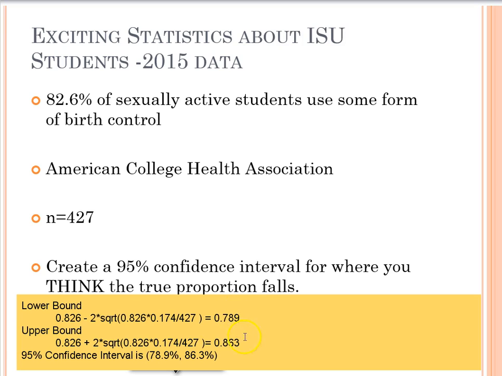The numbers we see here that we've calculated are in proportions. If we want to get them in percentages, we just multiply them by 100. So our confidence interval for where the true proportion of sexually active students lies is somewhere between 78.9 and 86.3. That's where we can be 95% confident that the true proportion lies.